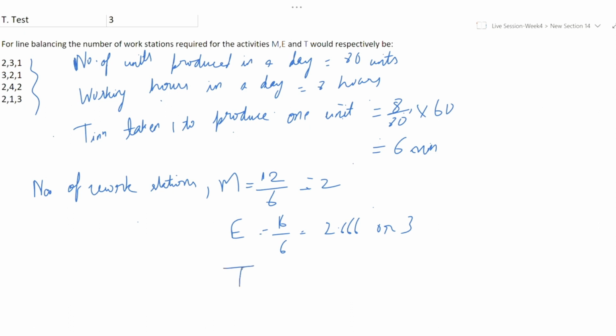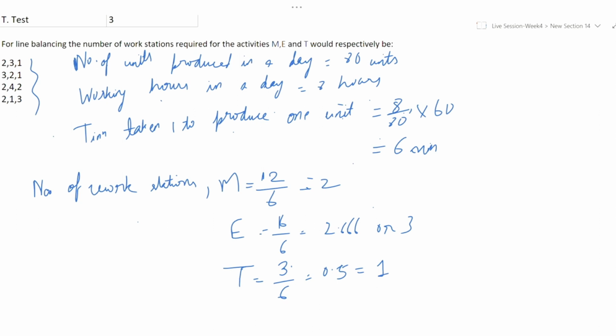For workstation T, it will be 3 by 6, which is equal to 0.5. We will again round it up to the nearest integer, which is 1. So the number of workstations are whole numbers, not fractions.